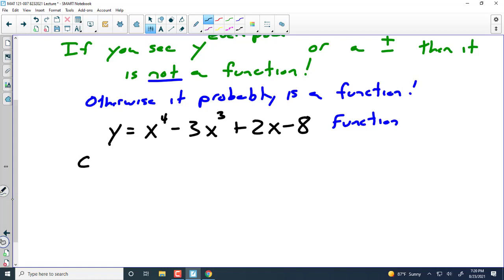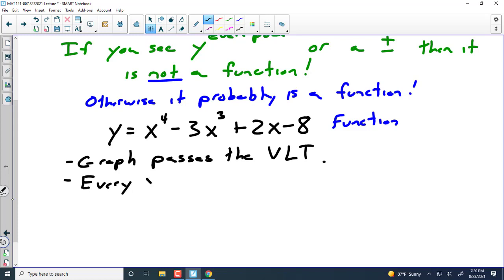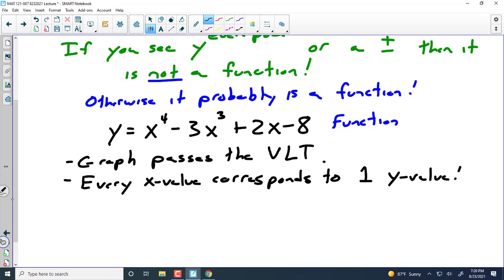So whatever the graph looks like, the graph passes the vertical line test. And every x value corresponds to one y value, and that's it.